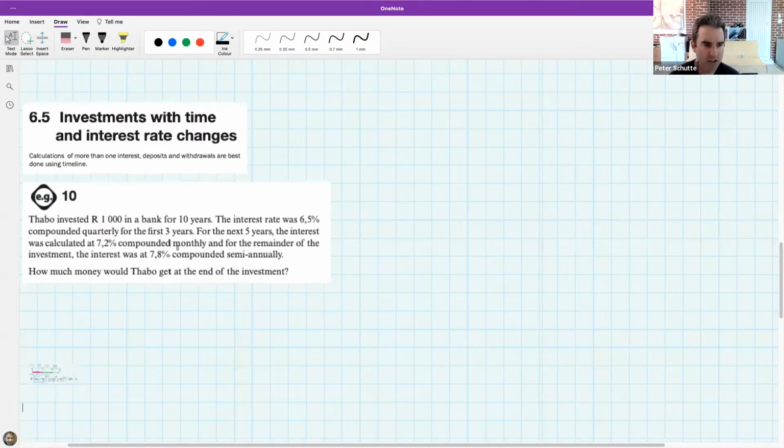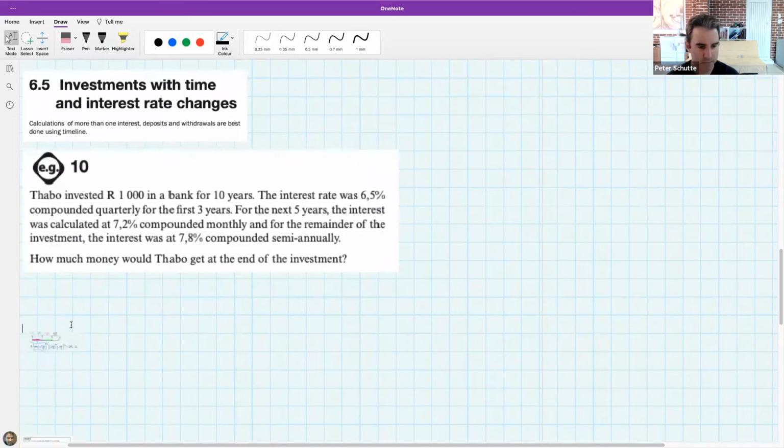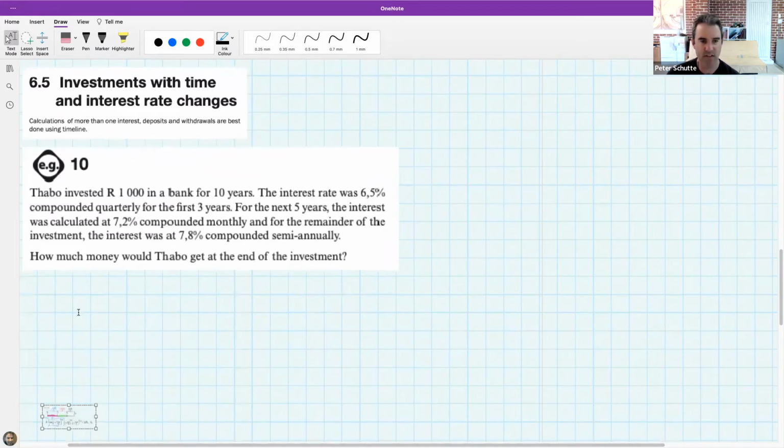And so I just want you to take a little bit of time to read this question. And then I want to ask you, what are some important time periods in this question? So take 30 seconds. And then in the chat, I want you to tell me, as you think of this journey, what are some of the important points along the journey?